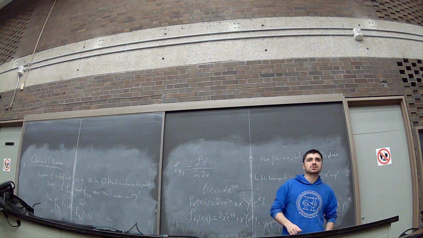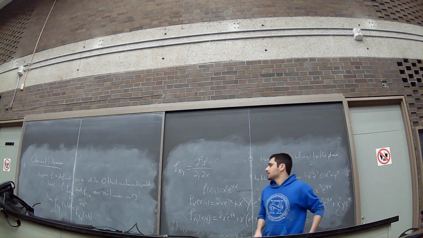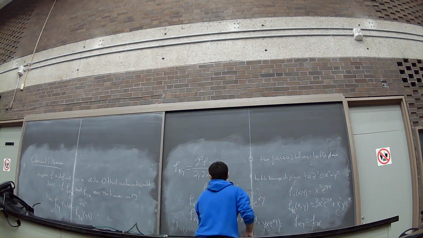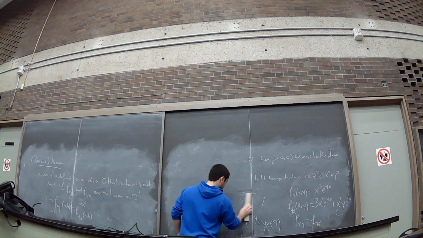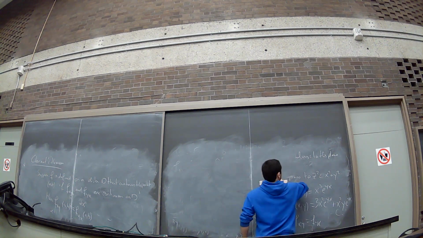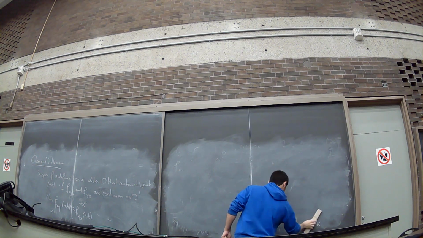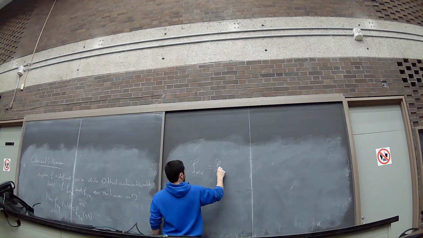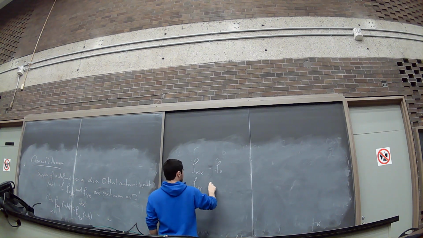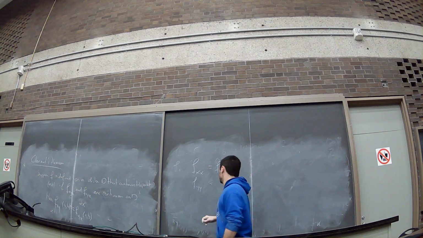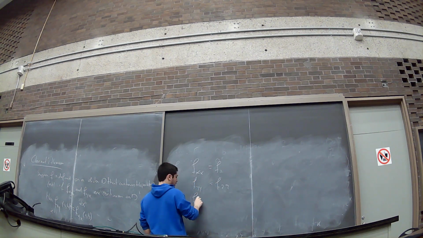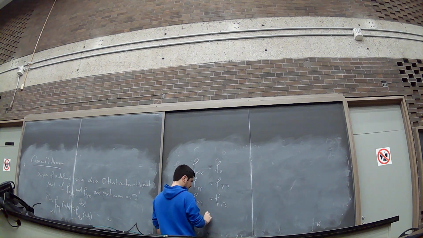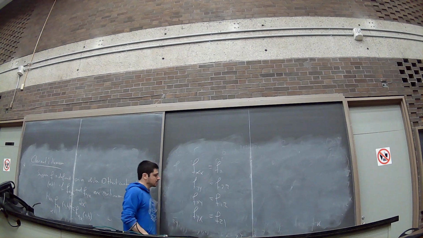Okay, how much time do we have left? 5 minutes? 3 minutes. Great. Let's write this notation and finish it. f_xx usually can be denoted by f11, f_yy is f22, f_xy is f12, and f_yx is f21.